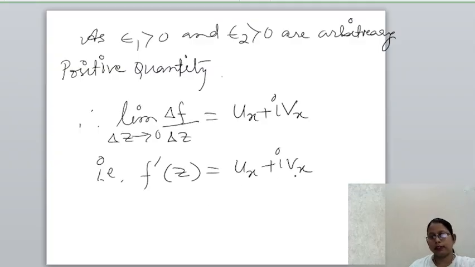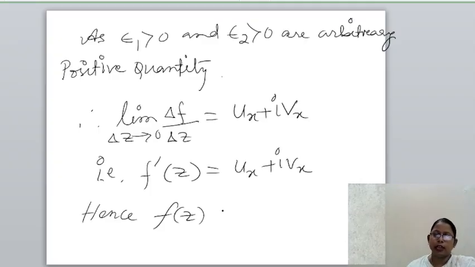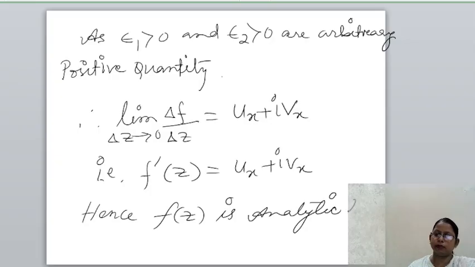This exists since the partial derivatives are continuous, so f'(z) exists. Hence f(z) is analytic. That's the proof of the analytic function.